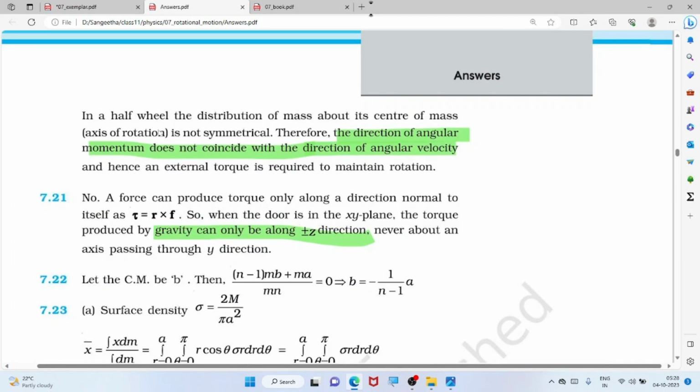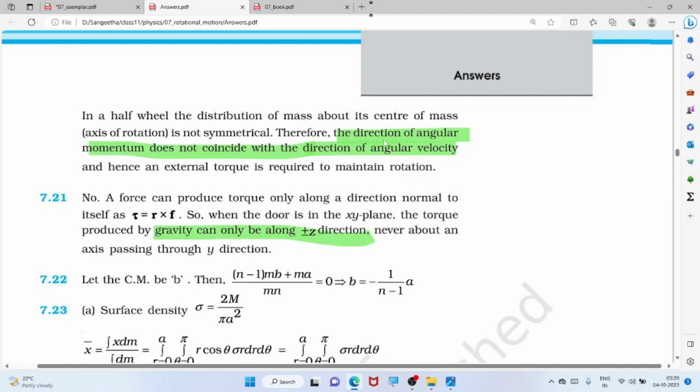But in a half wheel, the distribution of mass about the axis of rotation is not symmetrical. Therefore the direction of the angular momentum does not coincide with the direction of the angular velocity.